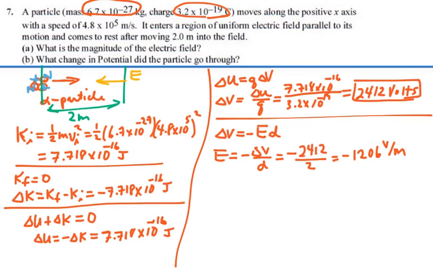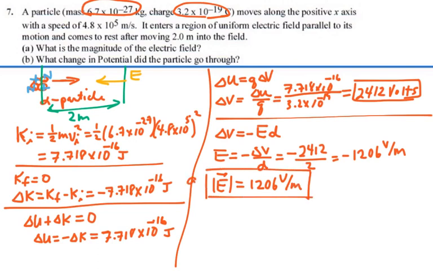We just want the magnitude of this field. So that's just going to be 1,206 volts per meter. So this is part A and part B. We did part B first and then part A. There are other ways to do this problem, but this is the easiest way using energy considerations.